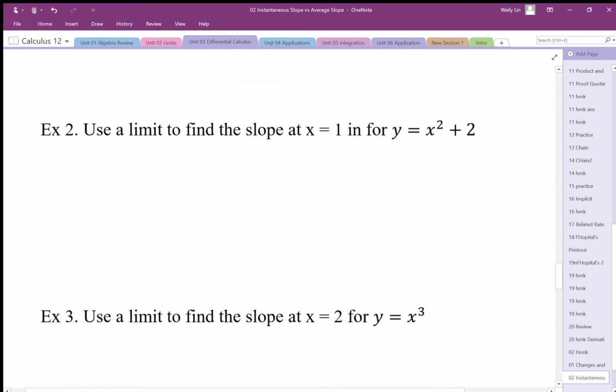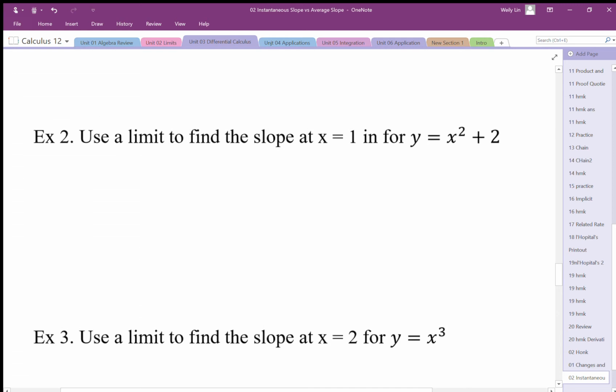So we can do the same thing here and find the limit for this slope. If I just sketch a quick graph of this, it's going to be some parabola. I have some point at x equals 1 right there, and I want to find the tangent slope right at that point. I'm going to do that by using a secant line.